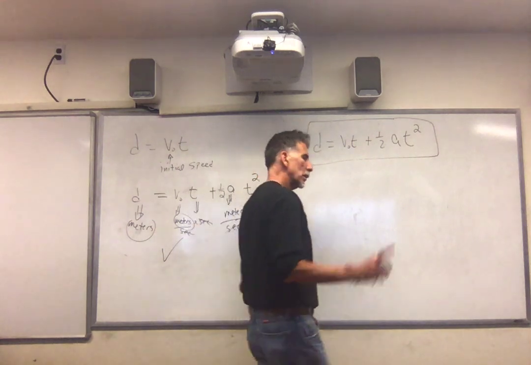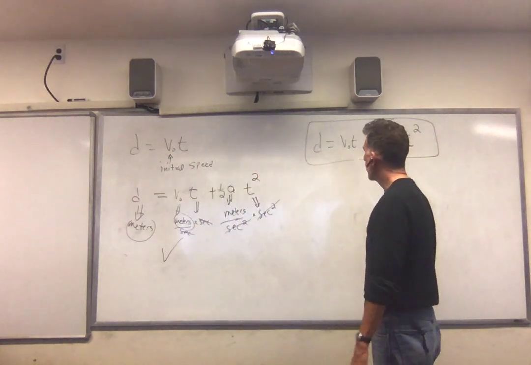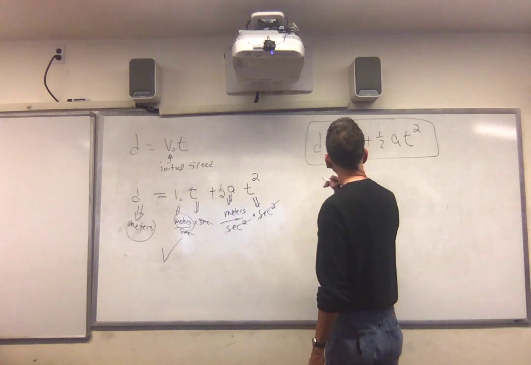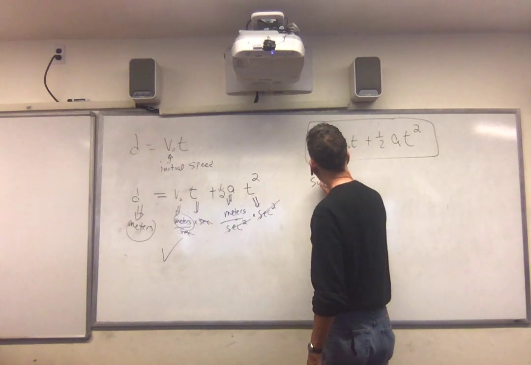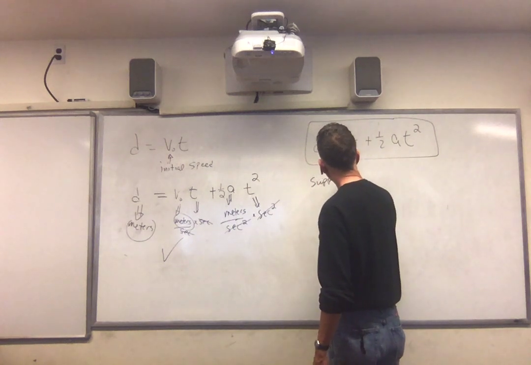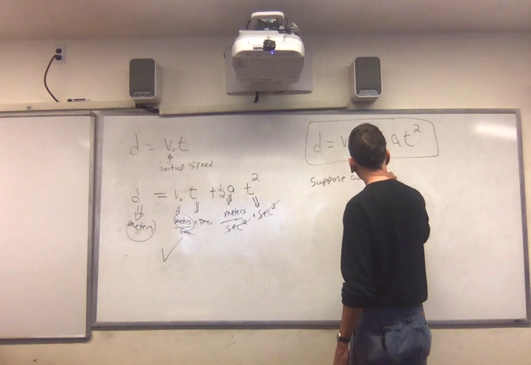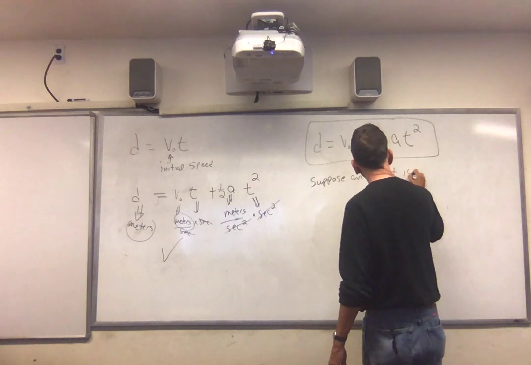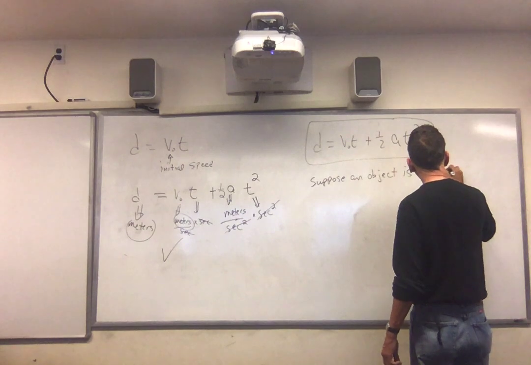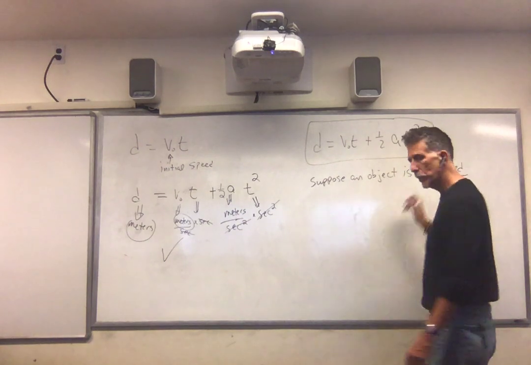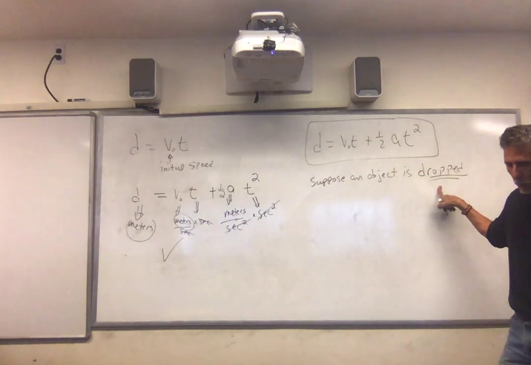So watch what I'm going to do. I'm going to ask a question. Here's the problem. Suppose an object is dropped. I'm going to underline the word dropped. You'll see why, because it means something mathematically.